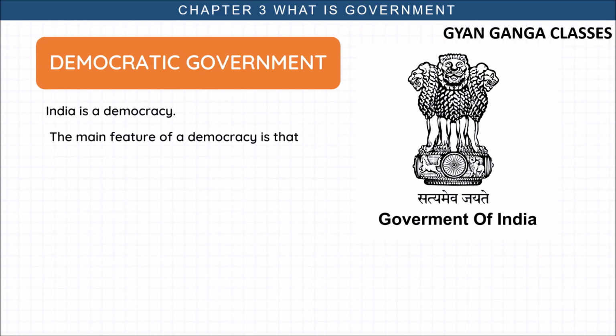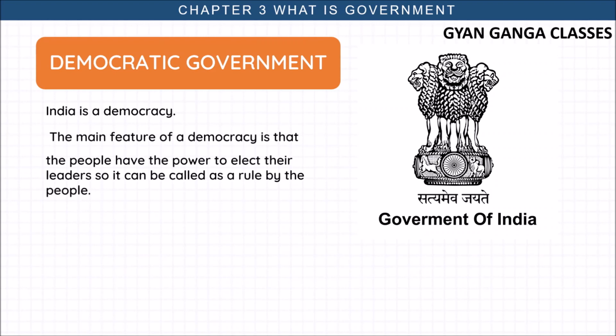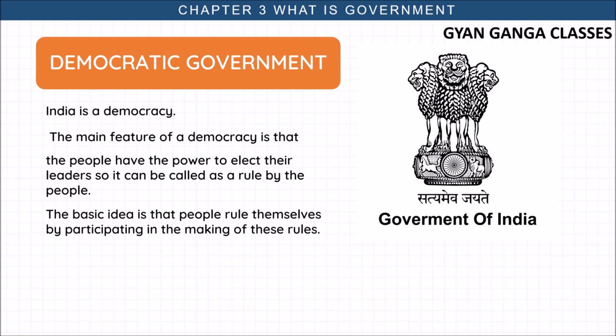India is a democracy. So the main feature of democracy is that the people have the power to elect their leaders. So it can be called the rule by the people. Democratic government is a rule by the people, because the power of choosing the leader, of electing someone as the representative, resides in the people's hands.